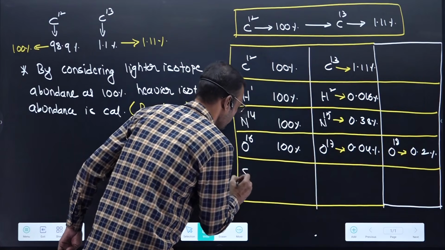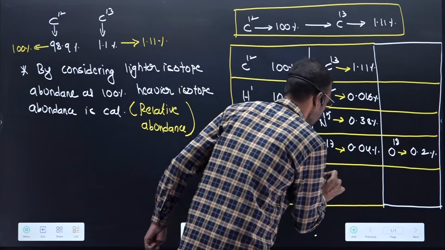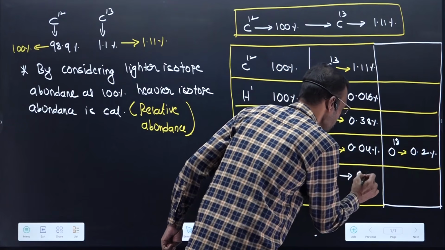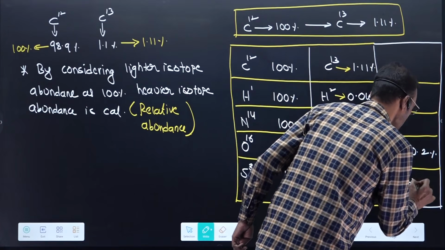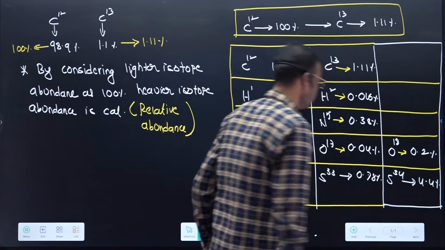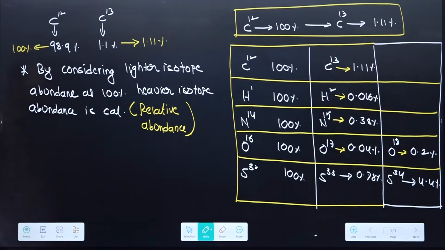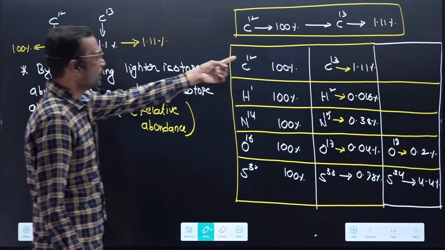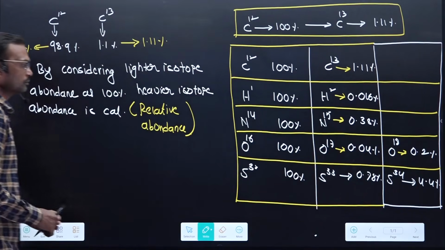Sulfur 32 is taken as the lighter isotope, 100%. S33 has abundance 0.78 percentage, and S34 has abundance 4.4. These values you need to remember. Lighter abundance availability is 100%. With respect to this, other abundance availability is this.